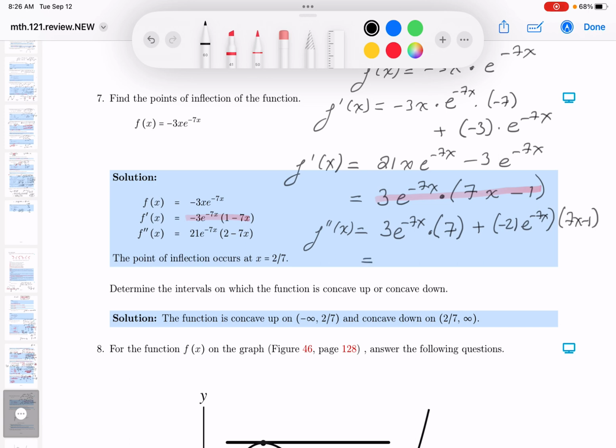And the way I'm going to factor it, let's take a look at that. I'm going to say 21 is common to both of those terms. I'm going to say e to the minus 7x is common to both of those terms. Let me see if I did okay on that. Let's see, 21.